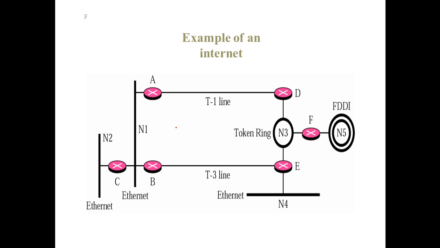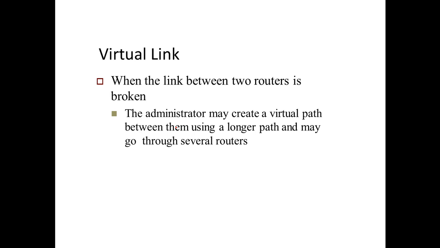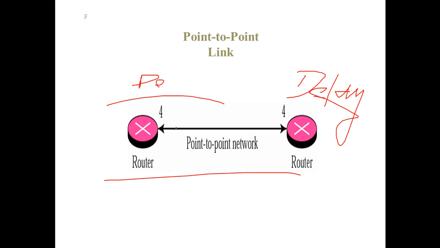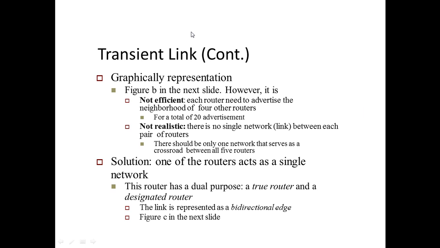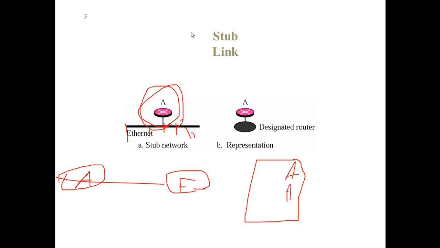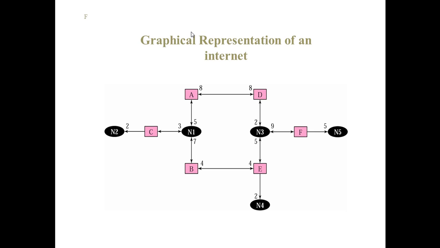This is an example of an internet. You can see that an internet is a form of network in which all these links exist at the same time. You cannot have an internet or any network with only one of these. The internet is a combination of all of these links. And this is the graphical representation of an internet.